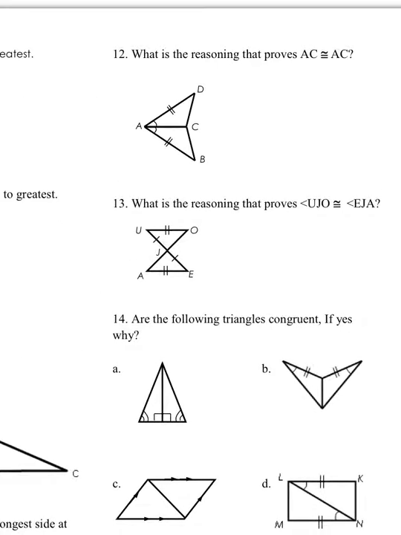What is the reasoning that proves AC is congruent to AC? When we're doing proofs, and we mark that right there, what's our reasoning when we write AC is congruent to AC? Reflexive property. Number 13, what is the reason that proves UJO is congruent to EJA? Okay, follow those letters.